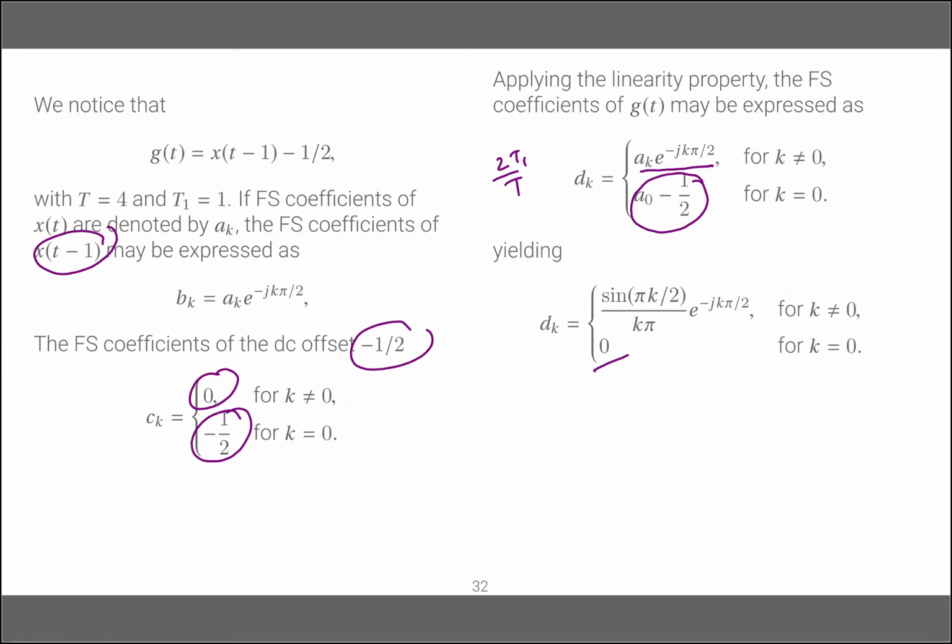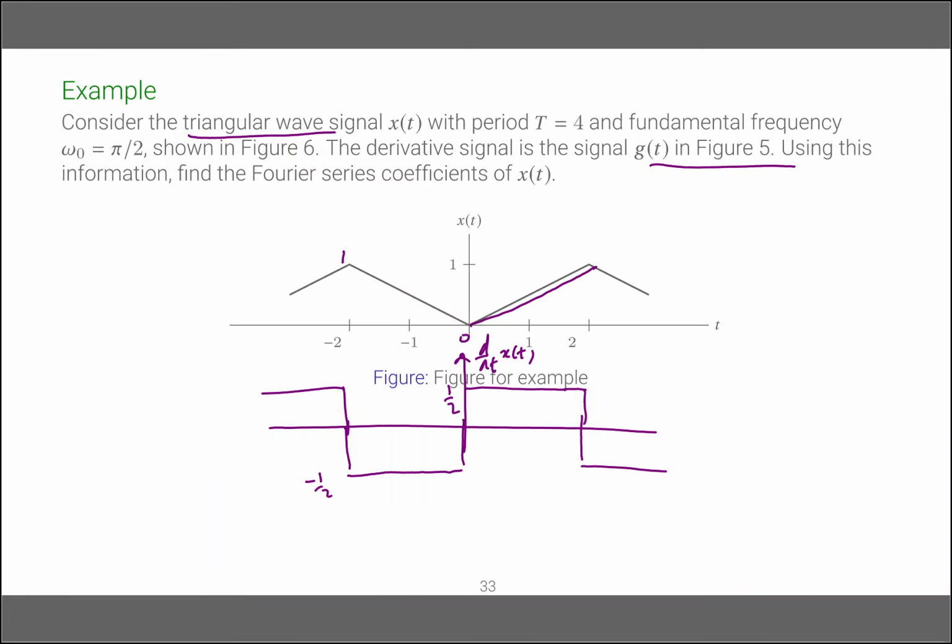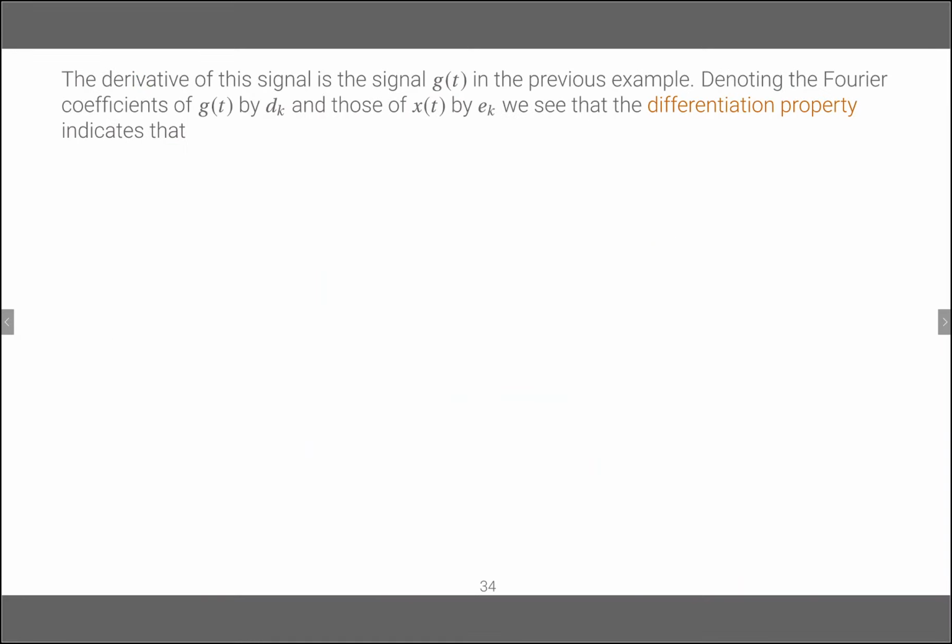Okay, now we are familiar with that. We know its Fourier series coefficients. The derivative of this signal is the signal gt in the previous example, denoting the Fourier series coefficients of gt by dk and those of xt by ek. We see the differentiation property indicates that. So actually we did not take down the differentiation property.